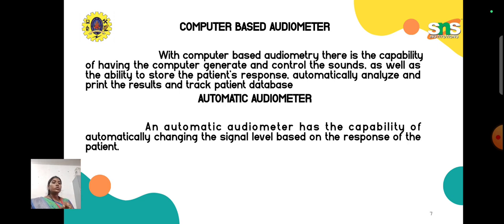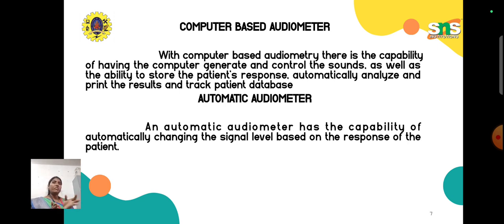But in automatic audiometry, it is like feedback control. Based on the patient response, the frequency will automatically be decreased or increased if the patient is pressing the button. In other cases, if the patient responds by saying words or by signing some action, we have to change the intensity.